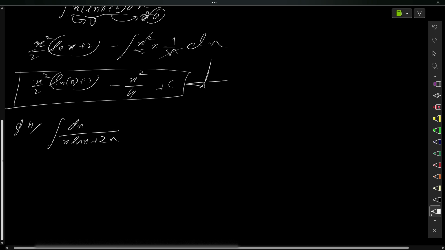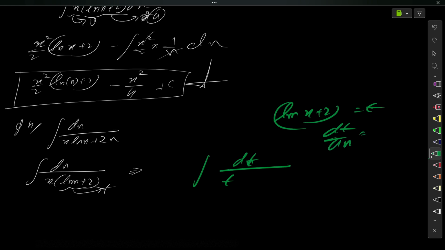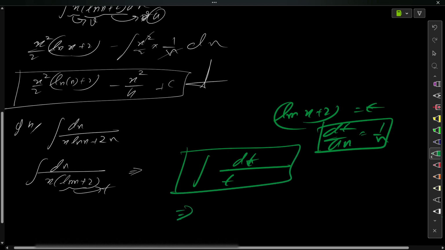For this kind of question, if I take x as common from both sides, I'll be left with x times (ln x plus 2) in the denominator. If I take ln x plus 2 as t, then dt over dx is 1 over x, and the 1 over x will get cancelled, so we are left with the integral of dt over t.